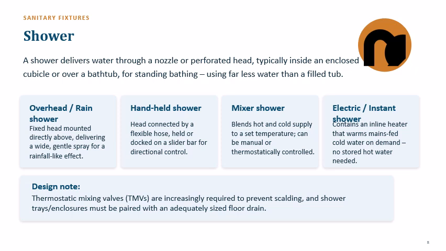And the mixer shower blends hot and cold water supply to set pressure, and can be manual or thermostatically controlled. In terms of the electric or instant shower, it contains an inline heater that warms the mains-fed cold water on demand, and no stored hot water is needed in the case of the instant shower.